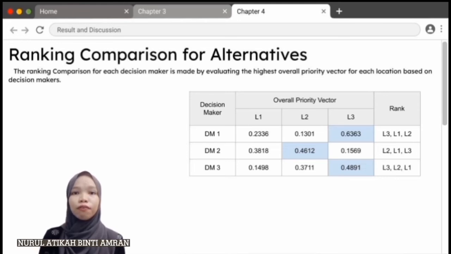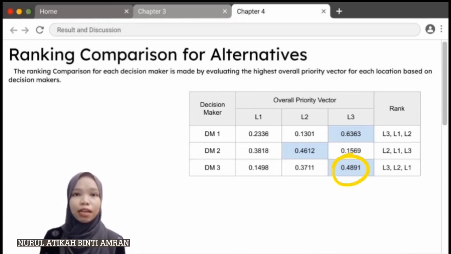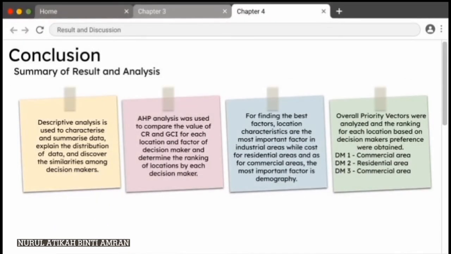For decision maker 2, L2 is the highest at 0.4612, followed by L1, 0.3818, and lastly L3, 0.1569. For decision maker 3, L3 has the highest rank with 0.4891, followed by L2, 0.3711, and the last rank is L1, 0.1498. To conclude, this is the summary of results and analysis.